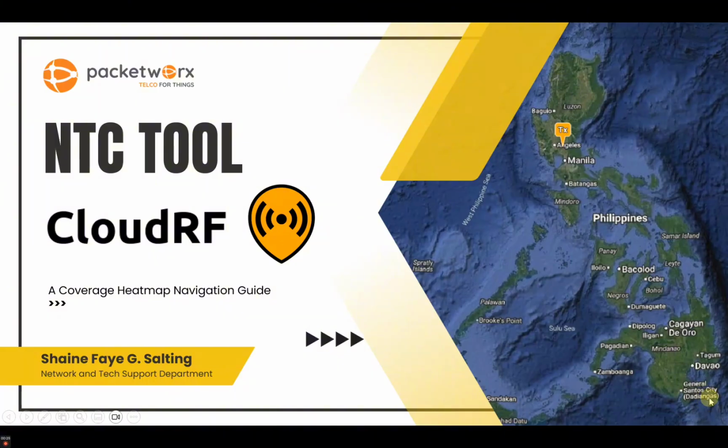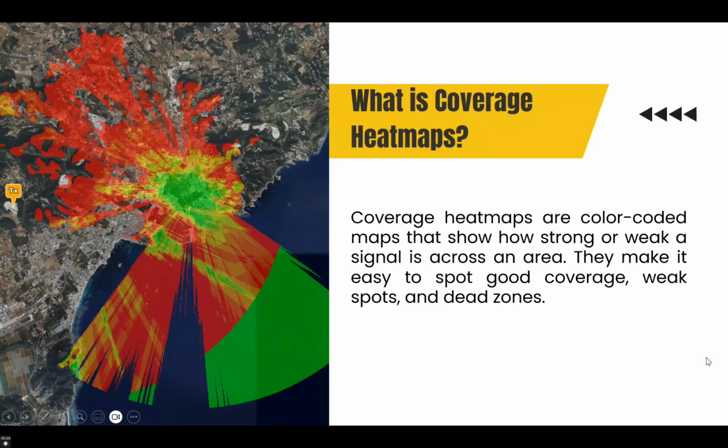But before we proceed talking about CloudRF, let's first discuss what coverage heat maps are. Coverage heat maps are color-coded maps that show how strong or weak a signal is across an area. They make it easy to spot good coverage, weak spots, and even dead zones.